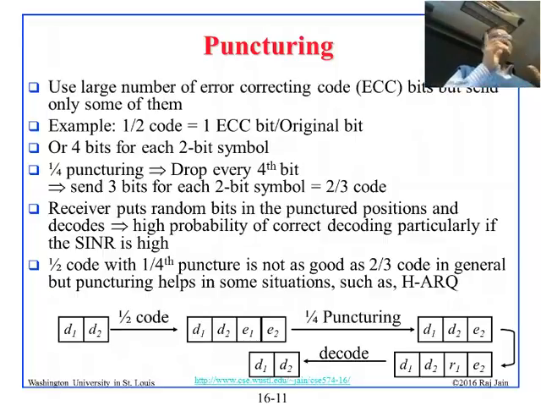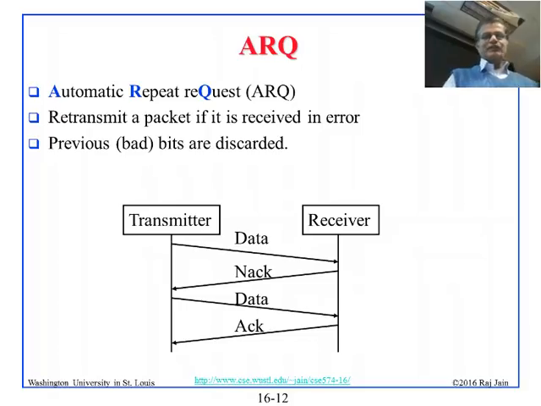Okay. If there are no more questions, then we come to the next point, which is ARQ. ARQ stands for Automatic Repeat Request. Basically, the idea is that you retransmit if a packet is received in error. In IP, and actually in TCP as well, you send the data.